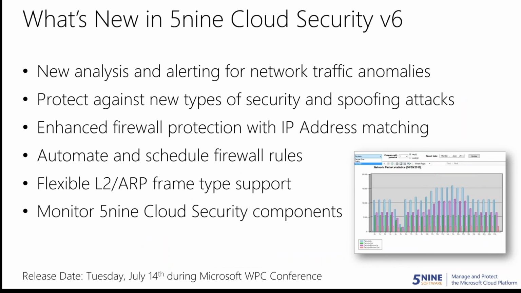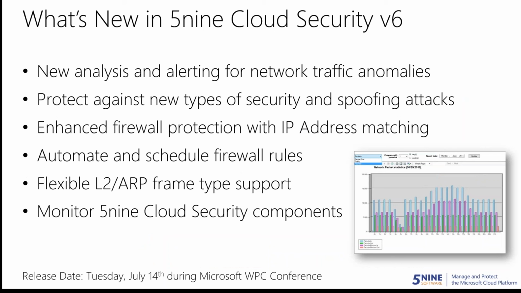Now coming up at the WPC Worldwide Partner Conference, we're going to be releasing our newest version of Five9 Cloud Security, version 6.0. Within this new update, we have new analytics and alerting capabilities, where we have more advanced techniques to create a baseline based on your virtualization traffic and detect anomalies that happen within your data center.